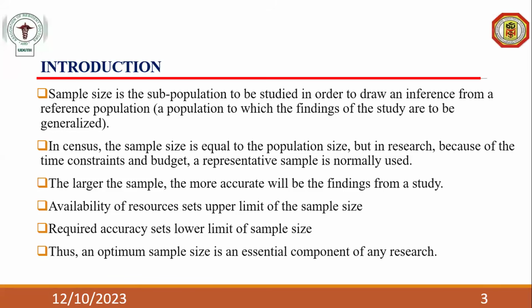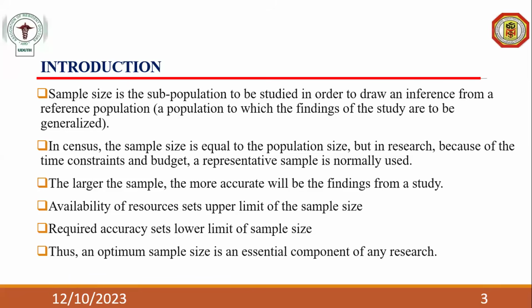So you have to sample a representative of that population, and you use your result to generalize to the general population. In a census, sample size is equal to the population size.